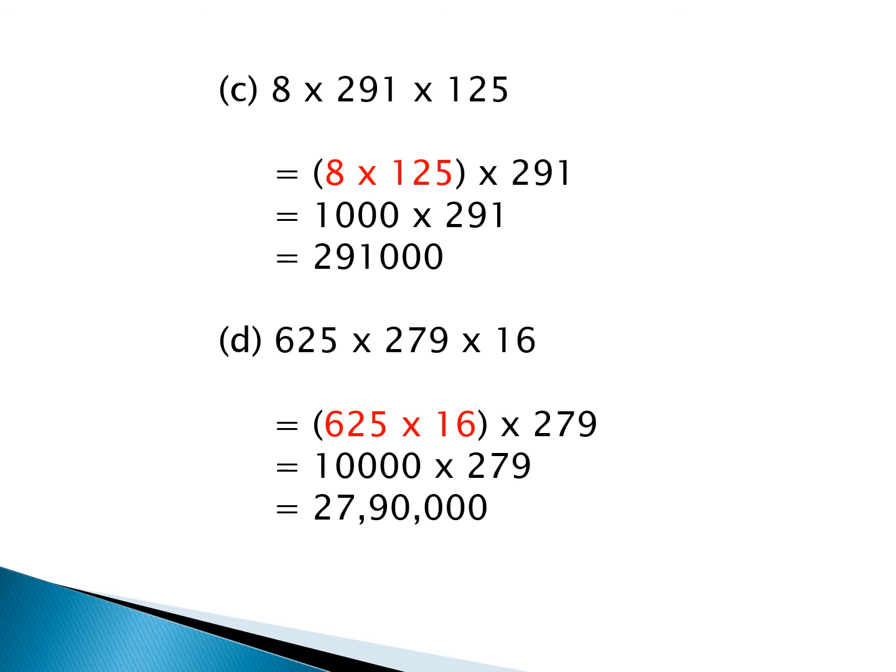It means 0 at one's place. Okay, so after multiplying 625 by 16, what will we get? We will get 10,000. Now 10,000 will be multiplied by 279 to get the answer 27,90,000. That is our final answer. Children, I hope these two questions are very much clear to you.